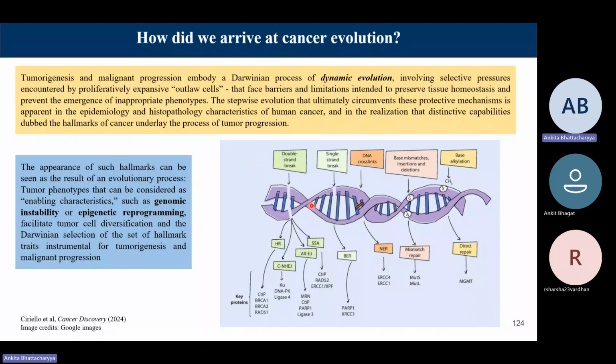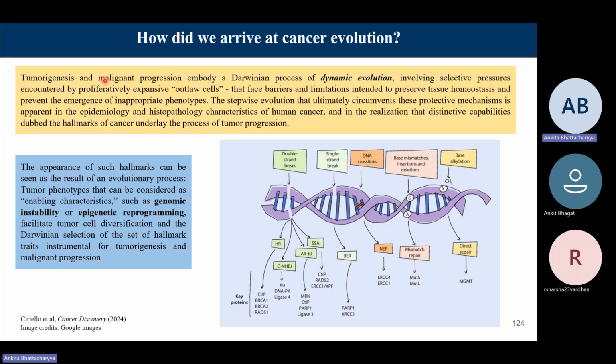Okay, so now moving on, the question that you might now address is how is cancer actually evolving? How is it going in these different directions? We talked about the different sub branches. So historically, what has been studied and is pretty much accepted across the world is that tumorigenesis, or the process of malignant progression, again, these are very important terminologies. Please make sure you understand the differences and the implications of each of them.